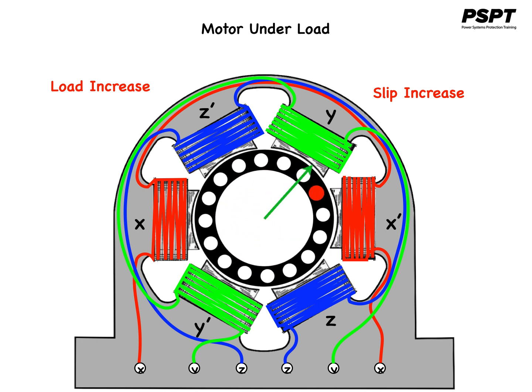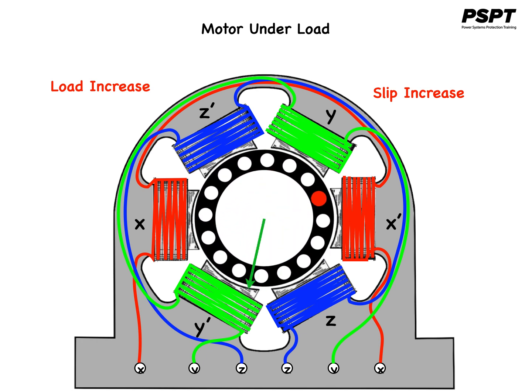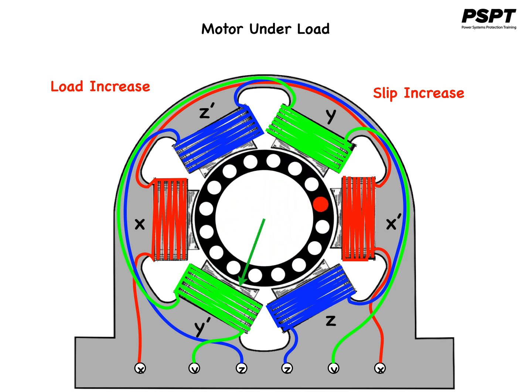The drop in speed of the induction motor on increased load is very small. It is because the rotor impedance is low and a small decrease in speed produces a large rotor current. The increased rotor current produces a higher torque to meet the increased load on the motor. This is why induction motors are considered to be constant speed machines.